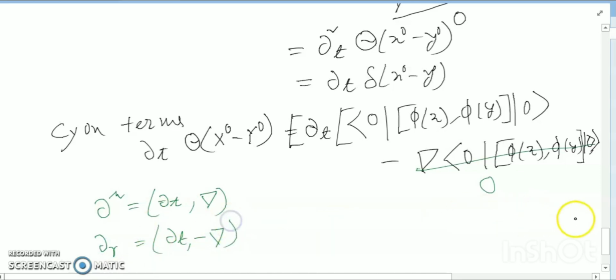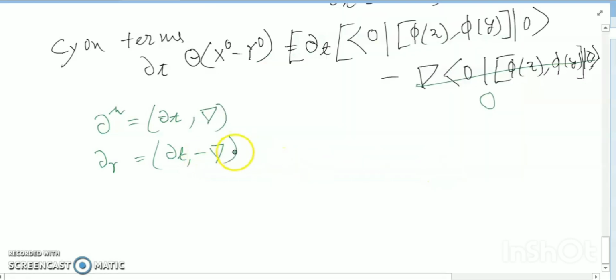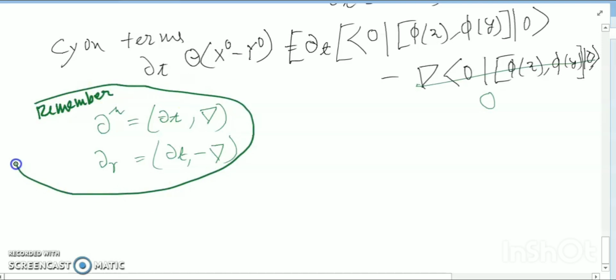Okay, this term you have to remember. This is my remembering term. You have to remember this term.